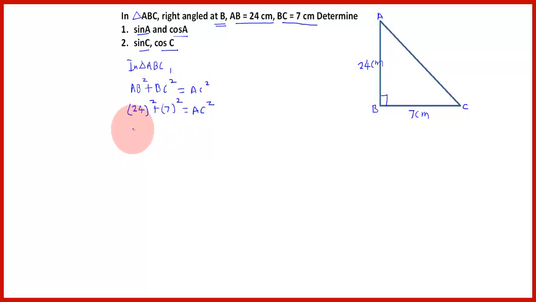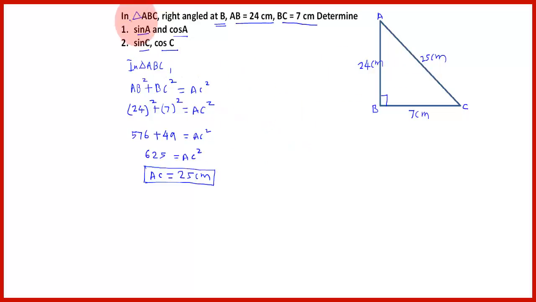So here 24 square is 576 plus 7 square is 49 is equal to AC square, and 576 and 49, that is equal to 625, which is equal to AC square. Taking square root of both the sides, we get AC is equal to 25 centimeter. Highlight it. So AC, that is hypotenuse, is 25 centimeter.